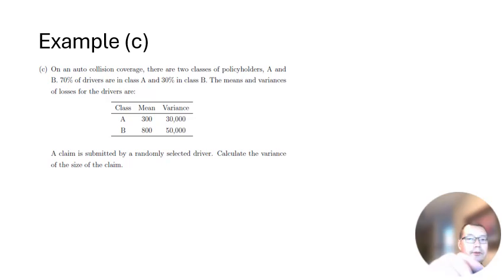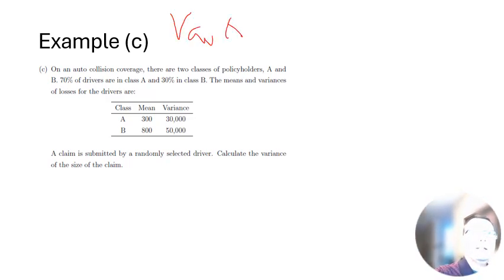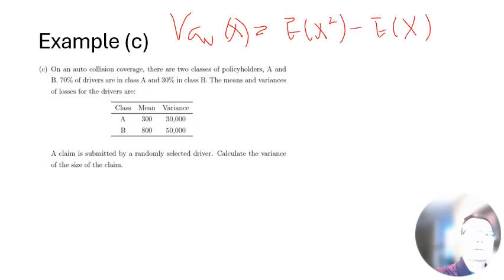Again, we know the formula for the variance: VarX is equal to Ex squared minus Ex, the whole thing squared. So we need to find this Ex squared and Ex, then we will be able to find VarX.